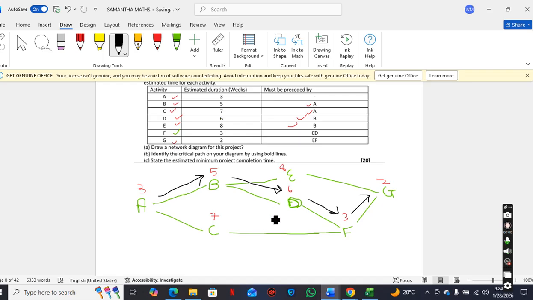Okay, let's start with this one from A to B to D to F to G. So you're going to say 3 weeks plus 5 weeks plus 6 weeks plus 3 weeks plus 2 weeks. 3 plus 5, 8. 8 plus 6, 14. 14 plus 3, 17. 17 plus 2, 19 weeks.